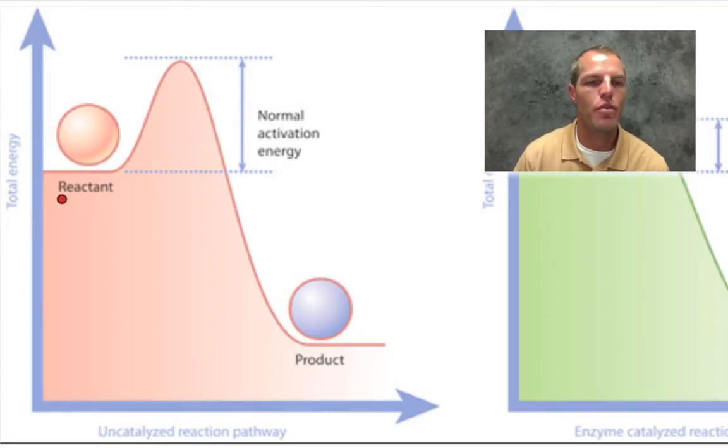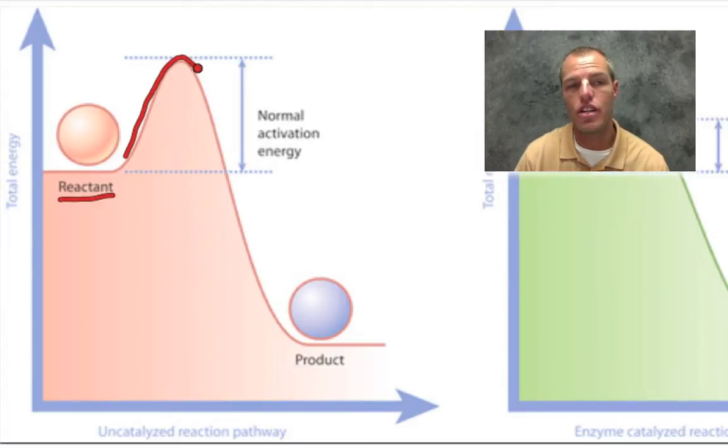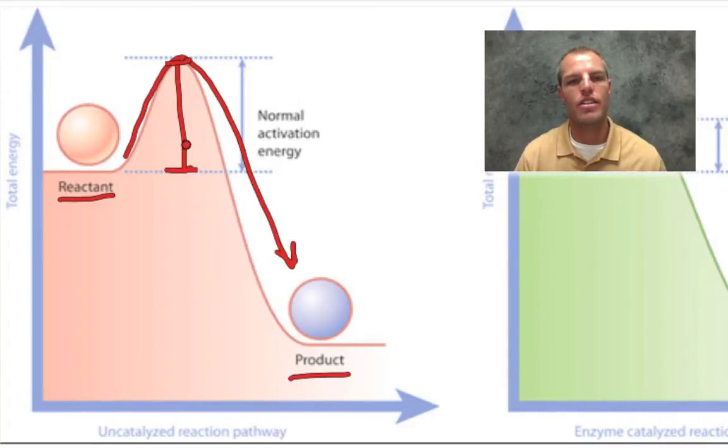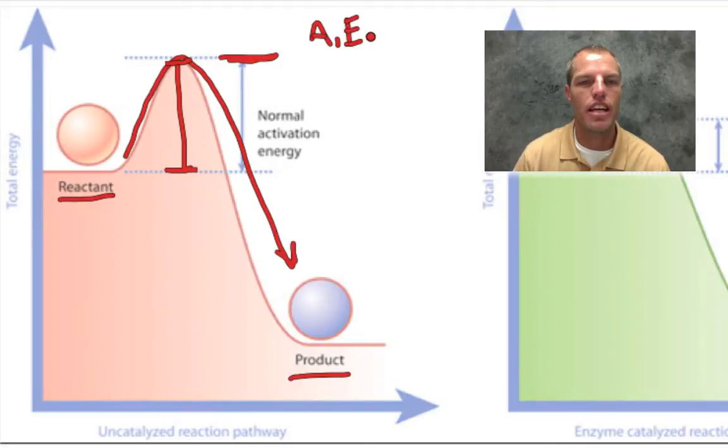You'll notice we have a reactant here, and it has to reach a certain amount of energy in order for that reaction to take place and produce our products. So this space from here to here is the energy needed for the reaction to take place. We call this level the activation energy, the energy that is required for that reaction to take place. And you notice it's quite a bit of energy.